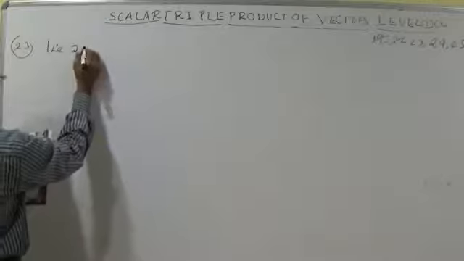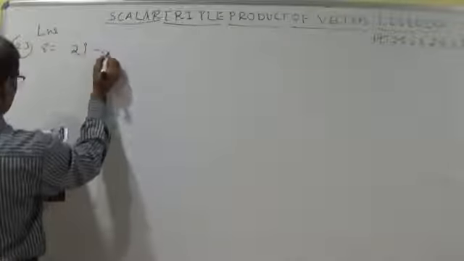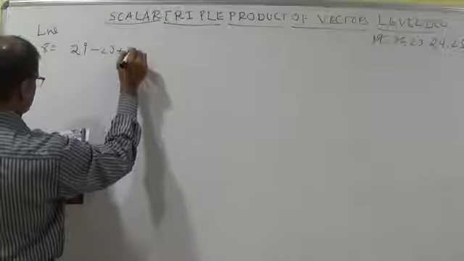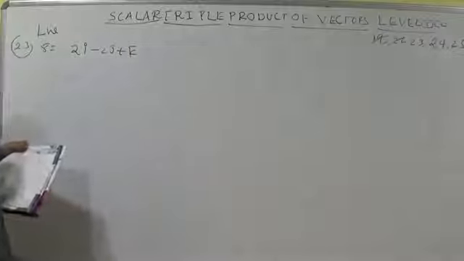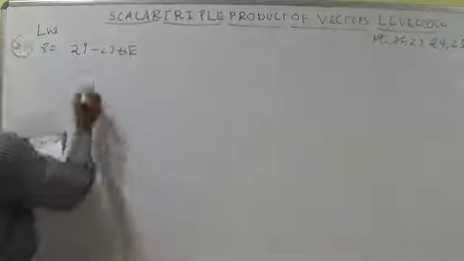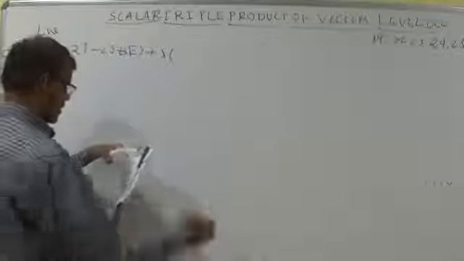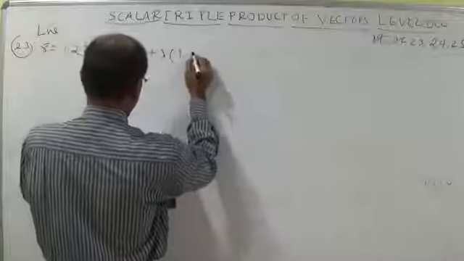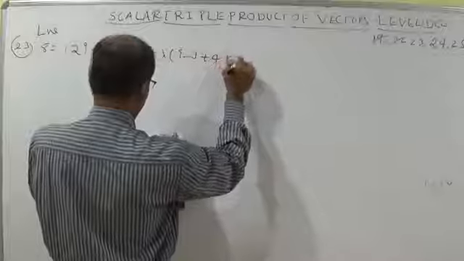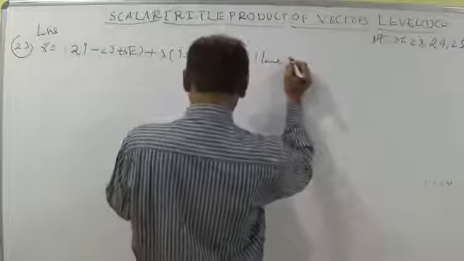Line he given as R bar is equal to 2i minus 2j plus 3k plus lambda into i minus j plus 4k, and the plane, line he given and plane he given.